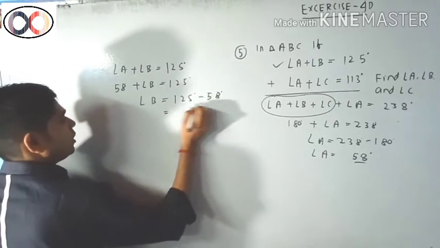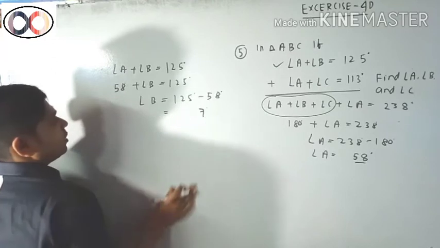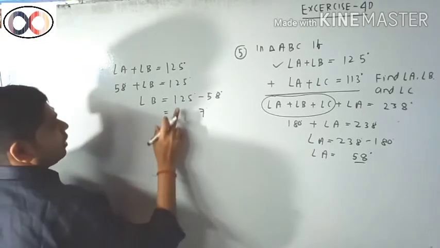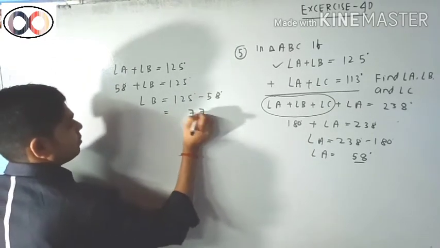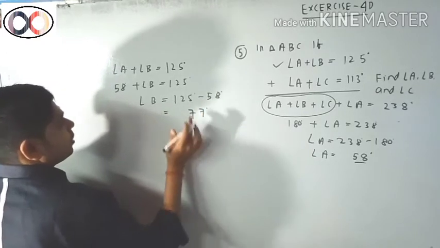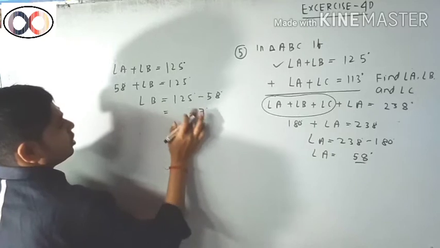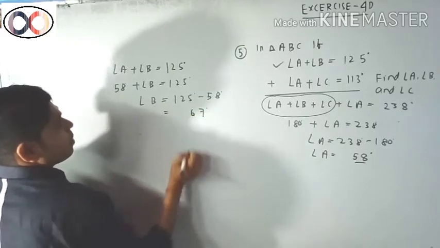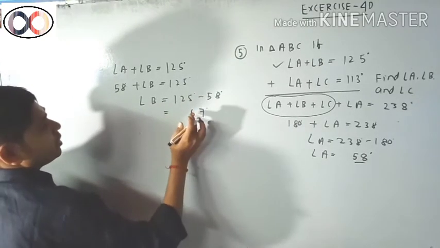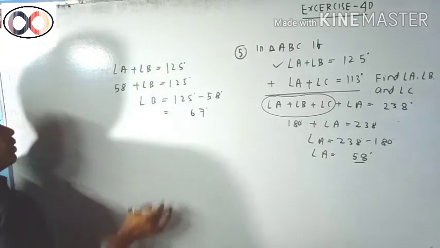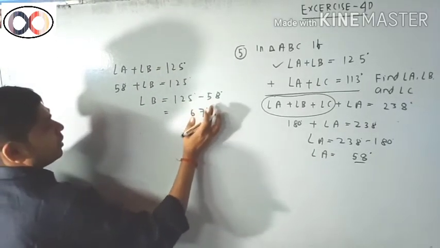So 15 minus 8 means 7 degrees, and here 12 minus 5, that is a 7, and here is a 6. So 67 degrees.